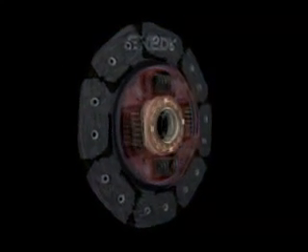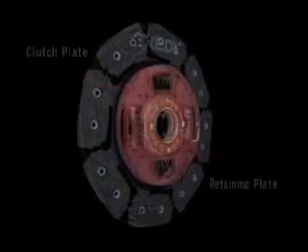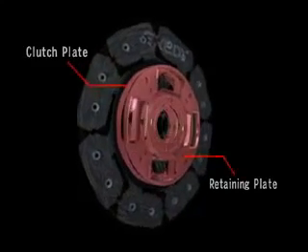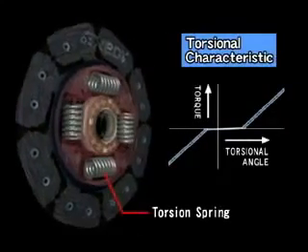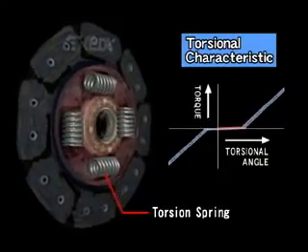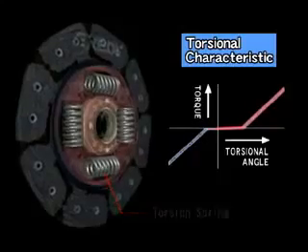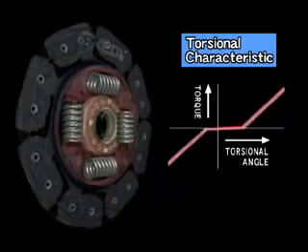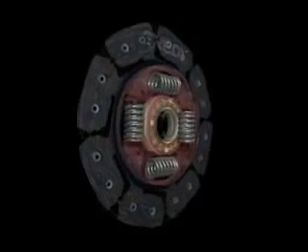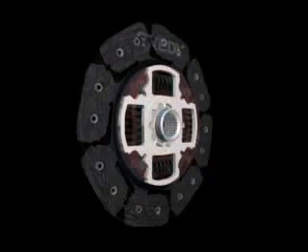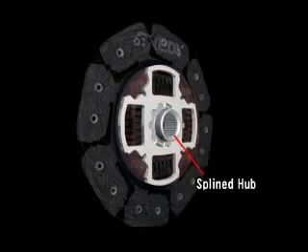Engine torque is transmitted to the retaining plate and clutch plate, which hold the entire assembly together while actuating the torsion springs. The primary function of the torsion springs is to absorb fluctuations in engine revolution. Finally, engine torque is transmitted to the transmission via the splined hub.